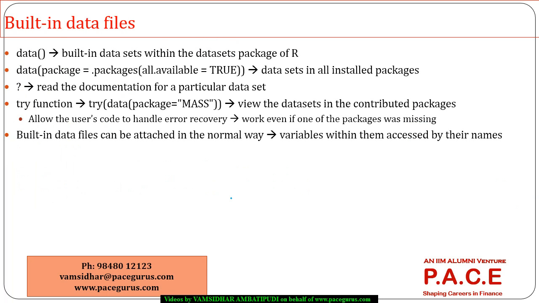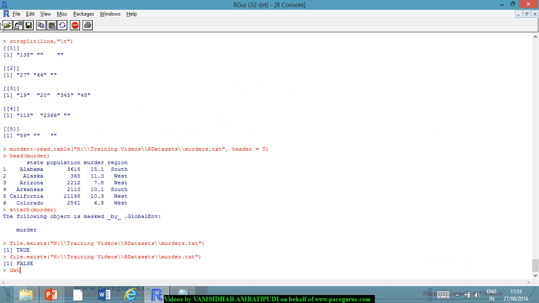Then moving toward the next aspect, the different built-in data files. If I want to know the different kinds of data files that are available here, I'll simply say data().